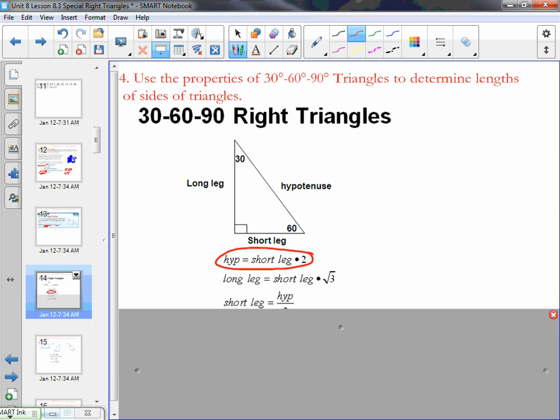So that means that the short leg equals the hypotenuse divided by 2. So, if they give you the hypotenuse first, all you got to do is divide it by 2, and now you know the short leg. Once you know the short leg, is it easy to figure out the long leg? Mm-hmm.